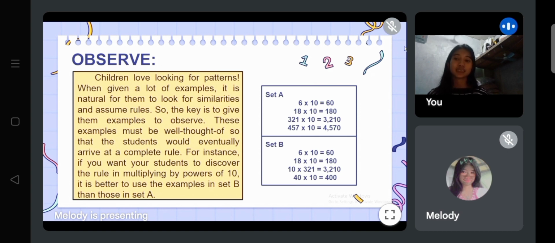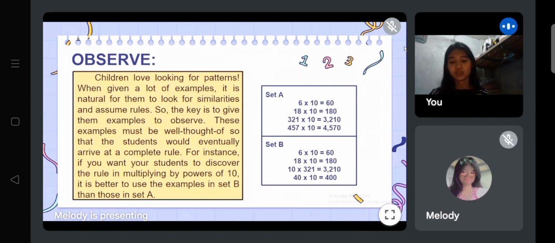For instance, if you want your students to discover the rule in multiplying by powers of 10, it is better to use the examples in set B than those in set A. In both sets shown in the PowerPoint, set A and set B, the student will discover the technique in multiplying by 10, which is placing a zero after the number being multiplied.